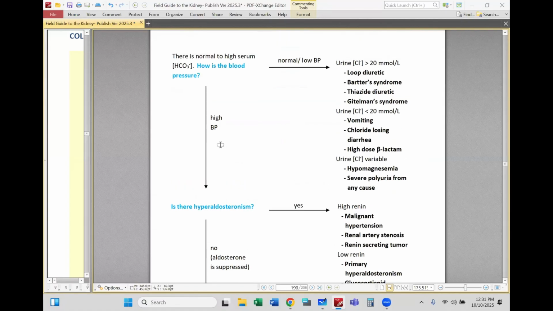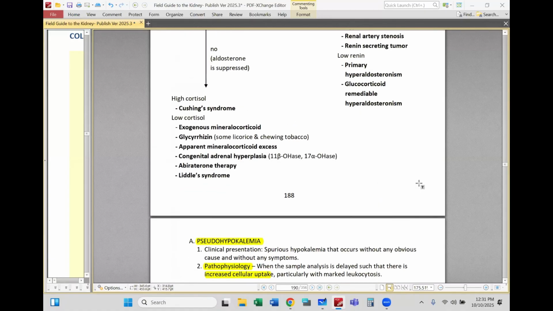No. Okay, so I'll just highlight that all of these parts of our discussion are summarized here. So let me see if there's anything that I didn't capture. Abiraterone therapy is an acquired form of congenital adrenal hyperplasia.